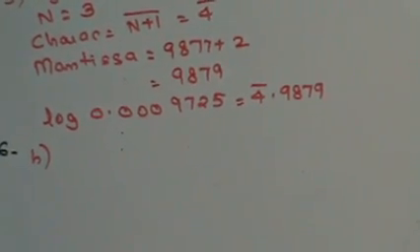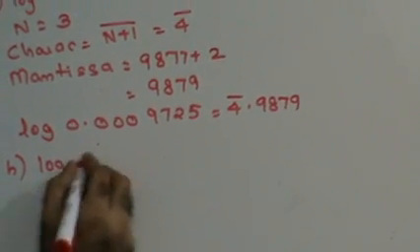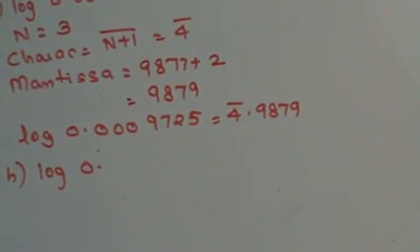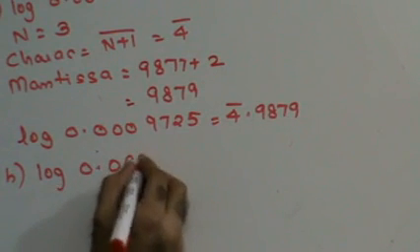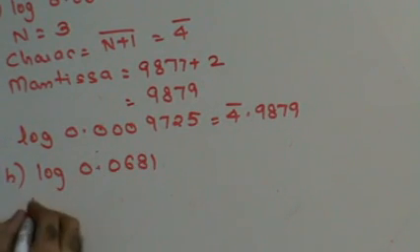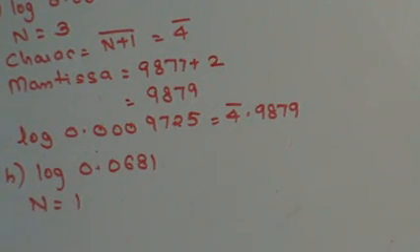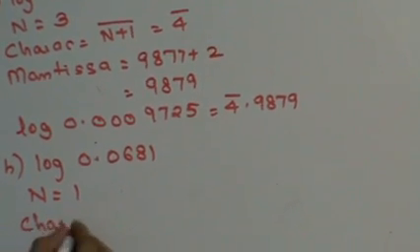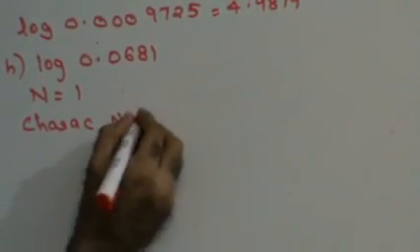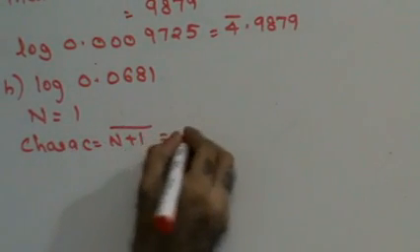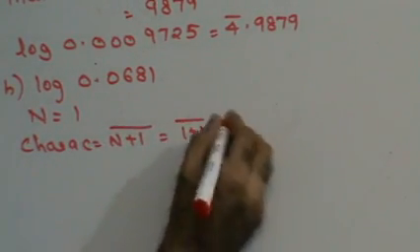Let's find out log of 0.0681. Number of zeros after the decimal, 1. Characteristic is n plus 1 bar. 1 plus 1 bar, that is 2 bar.